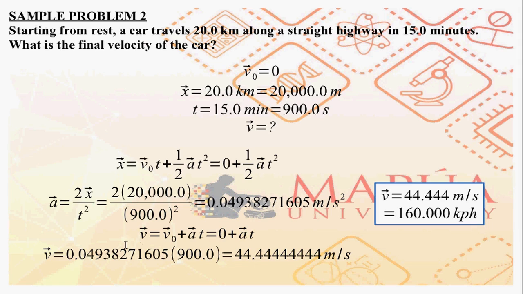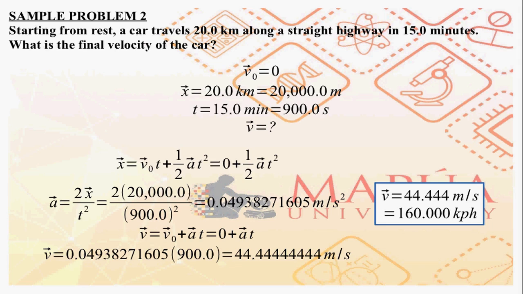Using now the equation that we used in the first sample problem, v = v₀ + at, we know v₀ is equal to 0, so v, the final velocity, is just equal to at. We know the time, 900 seconds, and we have just calculated the acceleration, so we know a. We can now calculate the final velocity.